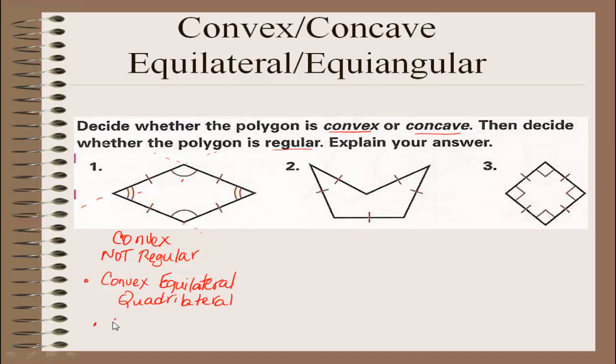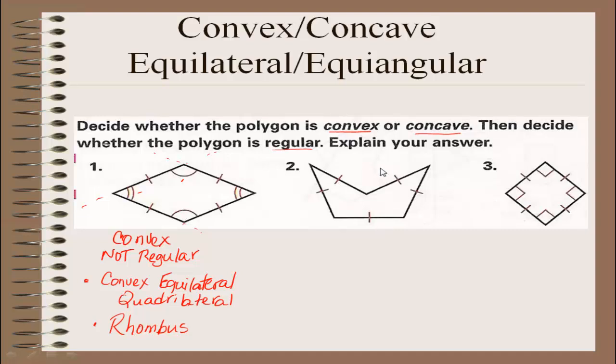I can also call this a rhombus. Because notice, all sides are congruent, and that is the definition of a rhombus. Also, opposite angles are congruent, and that's what we see here. So I can probably call this a rhombus, okay? Because this is going to make opposite sides parallel when the opposite angles are congruent and all sides are equal, okay?